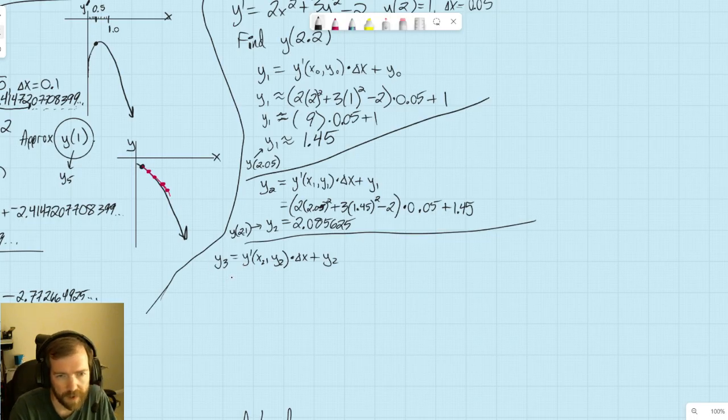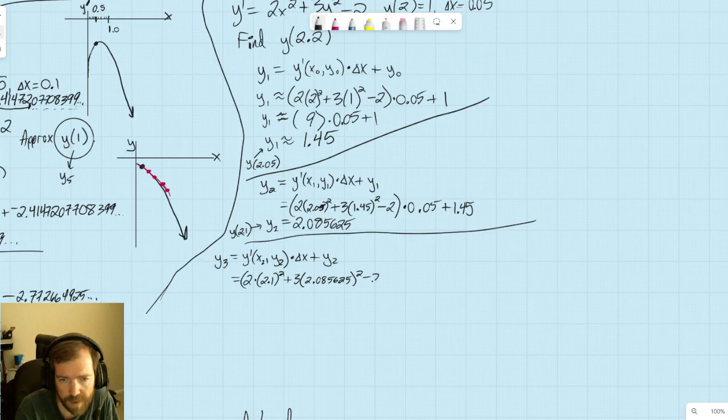So this is going to be equal to, again, twice multiplied by our previous x value, which was 2.05, so now it's 2.1, squared, plus 3 times y squared, that is 2.085625 squared, minus 2, times 0.05, plus the new y value, 2.085625.